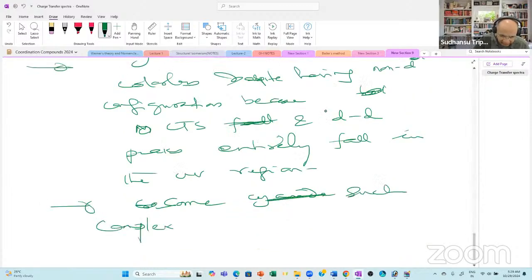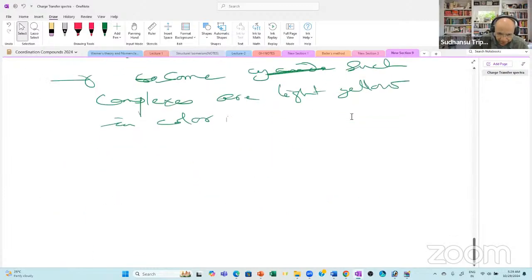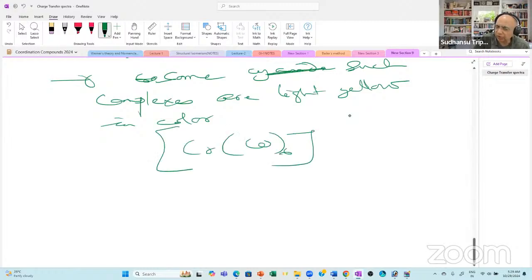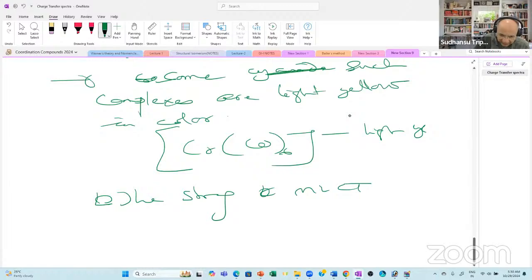Example, hexacarbonyl chromium(0) is light yellow, because the strong MLCT peak has a tail entering into the violet region.